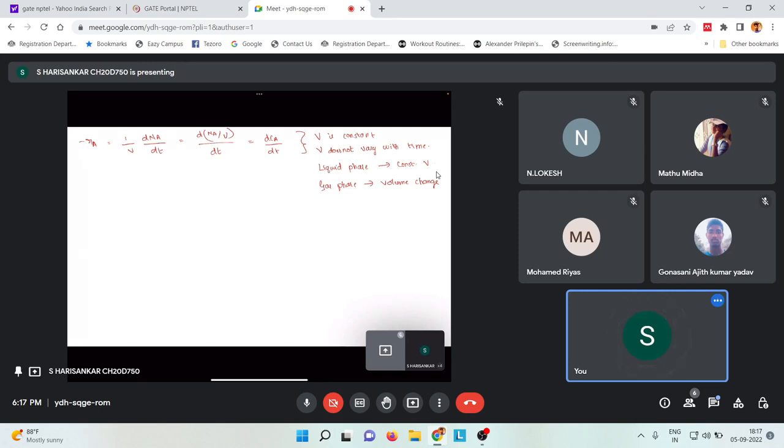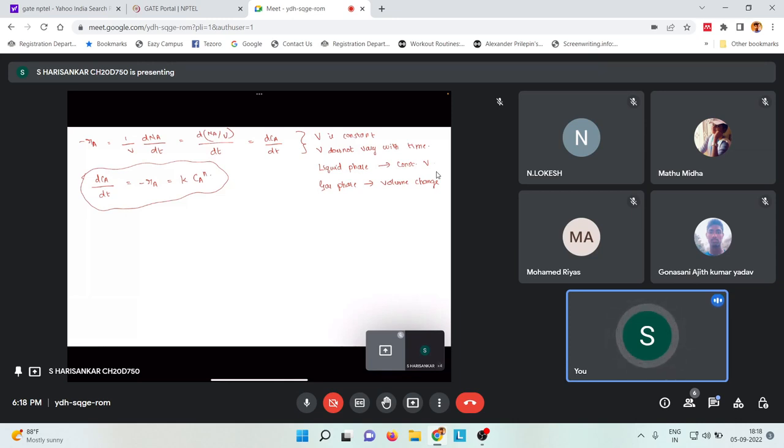Okay, so this dCa by dt is the reaction rate, and the other representation for reaction rate is kCa raised to n. We'll be using this a lot to find the rate of reactions for different order reactions. Now, can anyone say what the order of a reaction is?